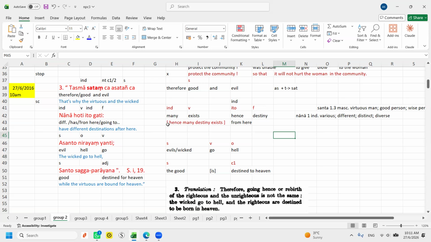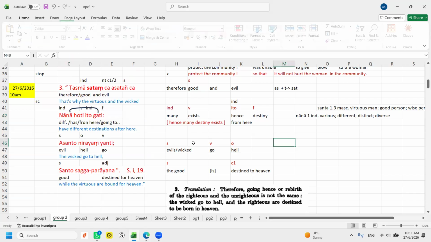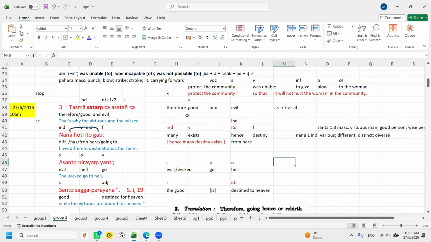So this one I rephrase in this way. This becomes an adjective to gati. Because if you look here, therefore good and evil, that means and then has many destiny.